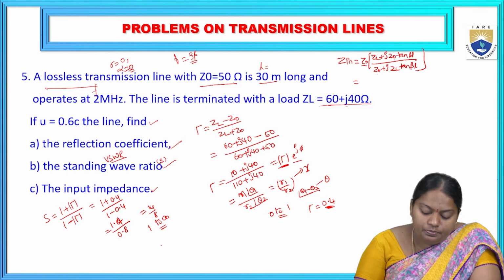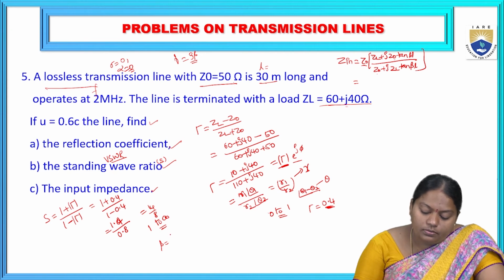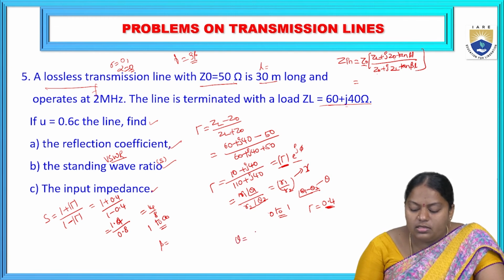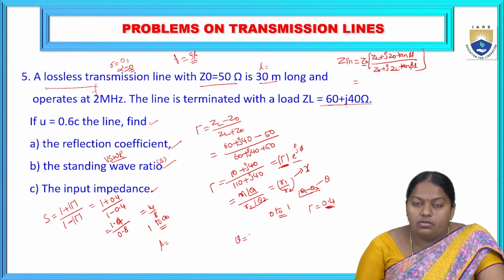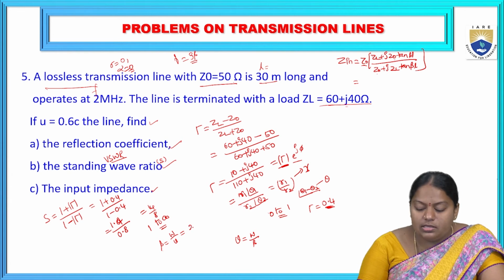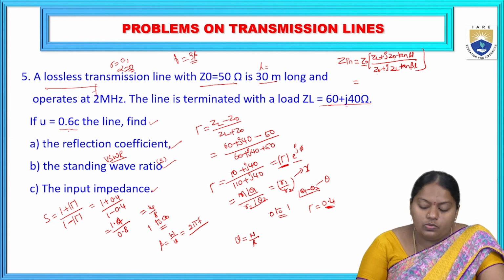To find beta, we can use the velocity formula to find this phase constant. Velocity V, the wave velocity or phase velocity, is given by V equal to omega by beta. From this, beta can be written as omega by velocity, which is 2 pi f by velocity, as the velocity value is given as 0.6 into c.